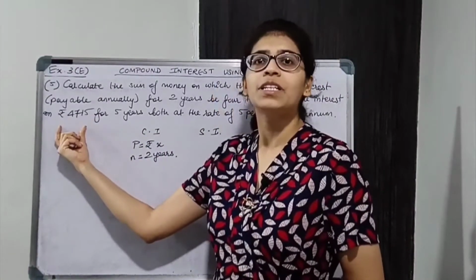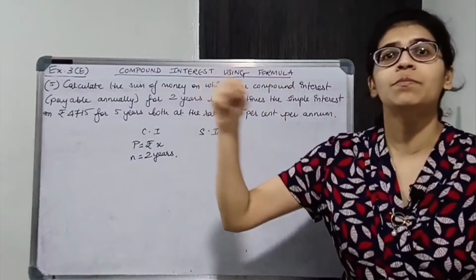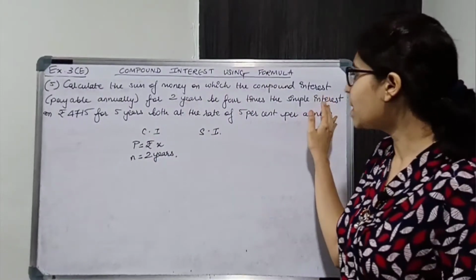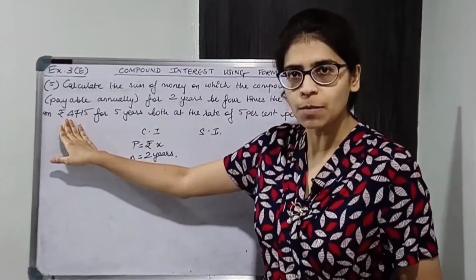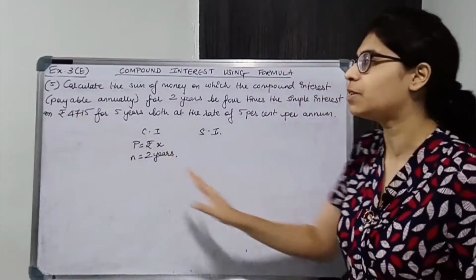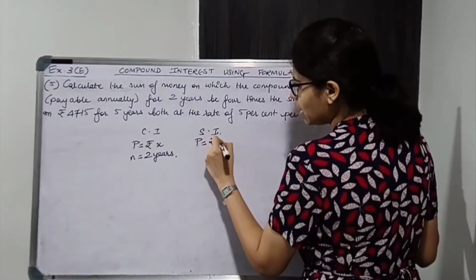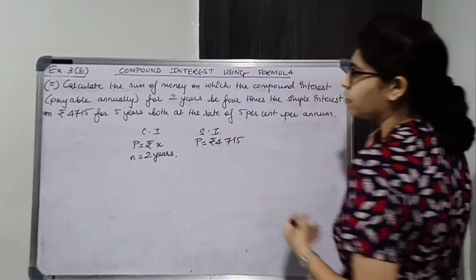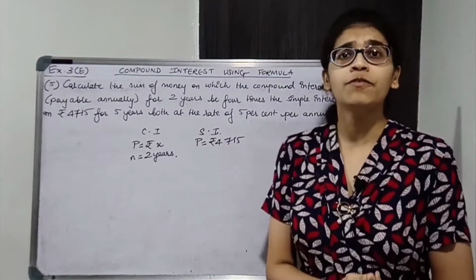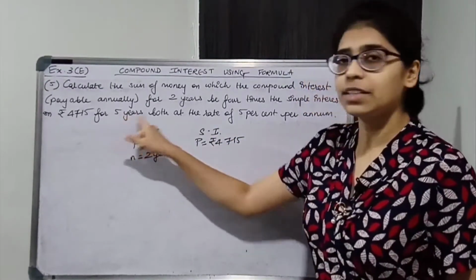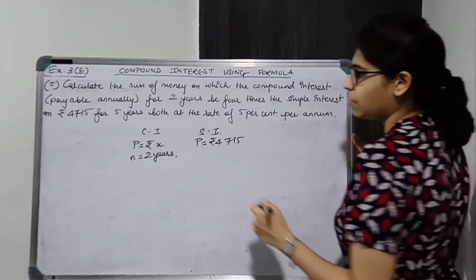This is the principal in case of simple interest. You're calculating interest on this much sum of money, so this is nothing but the principal. So principal is 4715, for 5 years. So over here the time period is 5 years.